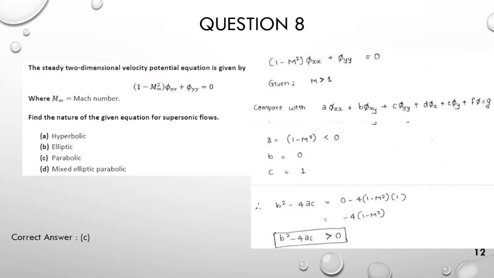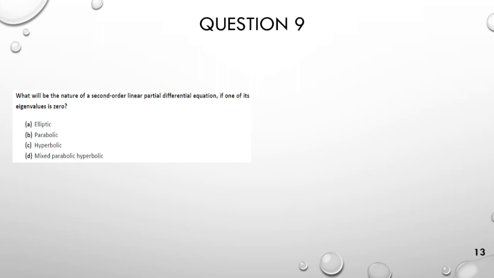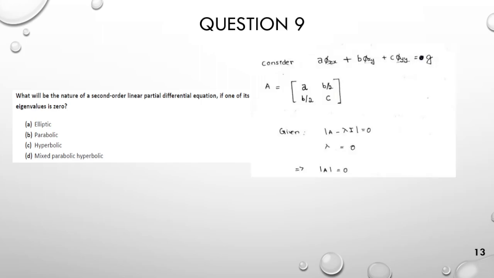Okay, so many of you have written a question: how do you find the eigenvalues of a PDE? Mainly this question was based on that only. Basically you have to calculate this particular matrix A here.